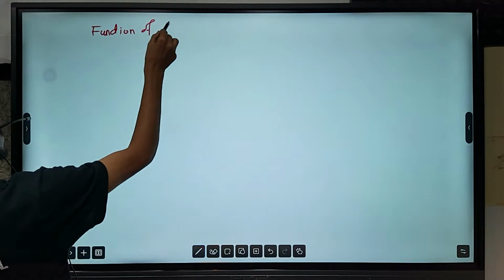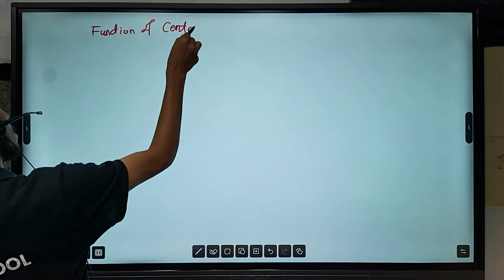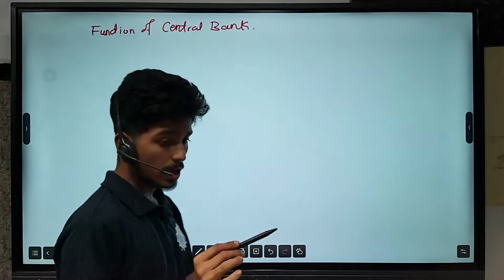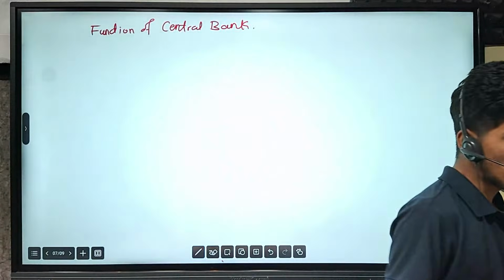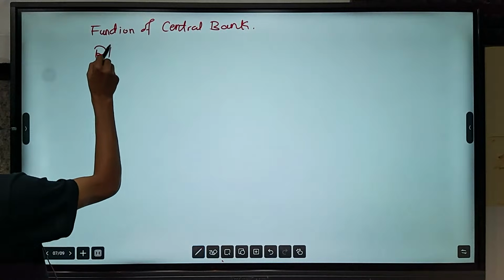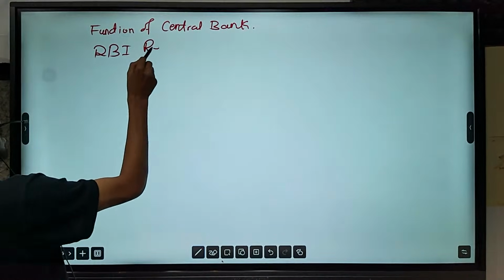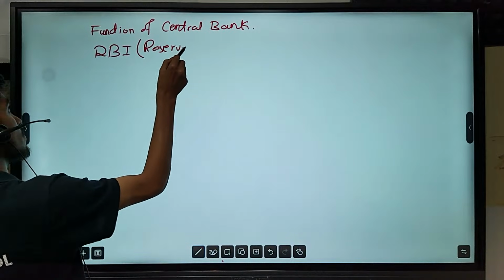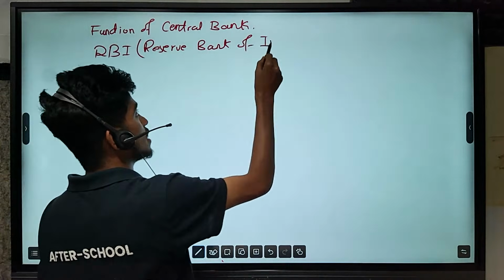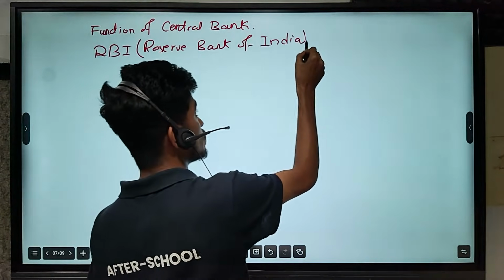function of central bank. Now every country has one central bank. In our country the central bank is called RBI, that is Reserve Bank of India. It is a central bank. That means there is only one such bank.